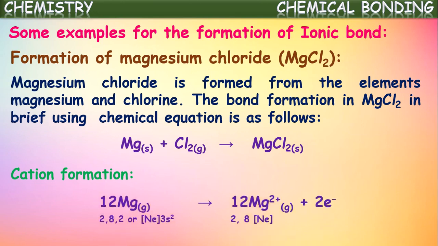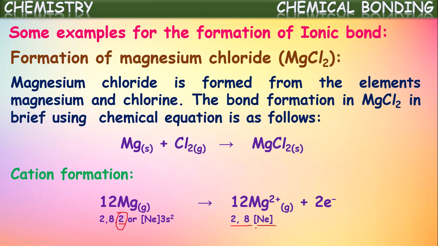Magnesium, we know, has atomic number 12 and its configuration is 2, 8, 2, which means it has only 2 electrons in its outermost shell. Now it is not a stable element. To become stable it will lose its 2 electrons from its outermost shell, and hence it attains the nearest noble gas configuration of neon.